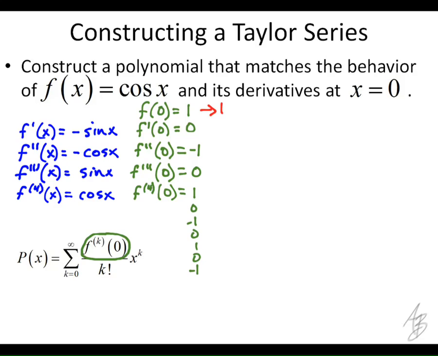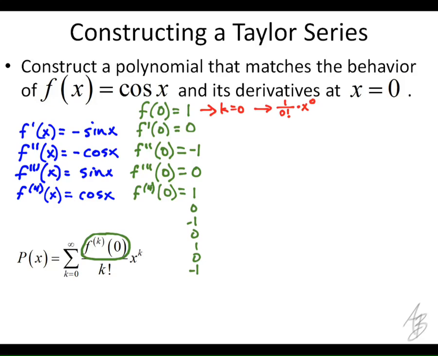So when k equals 0, what's our term going to look like? This right here that I have circled in green, that's going to be my 1. So we're going to get 1 over, what goes on the bottom? 0 factorial times x to the 0. Well, 0 factorial is 1. x to the 0 is 1.